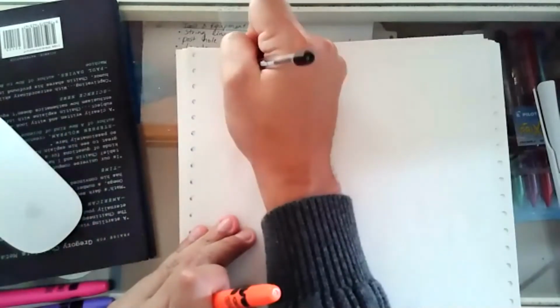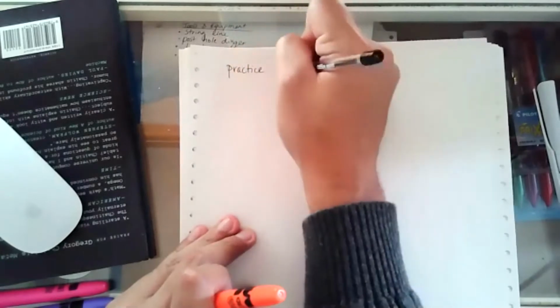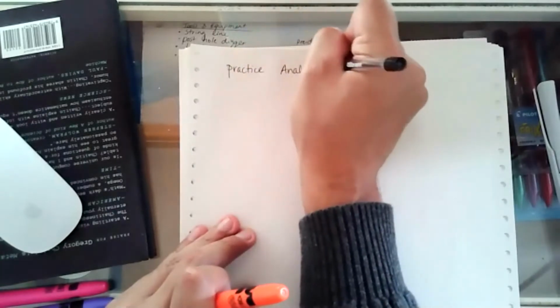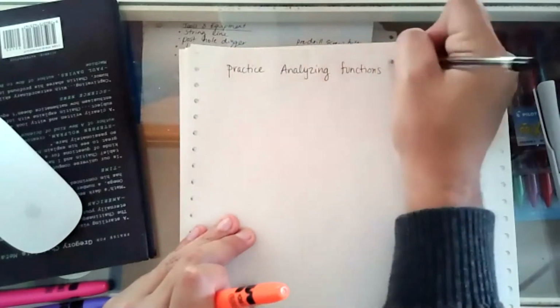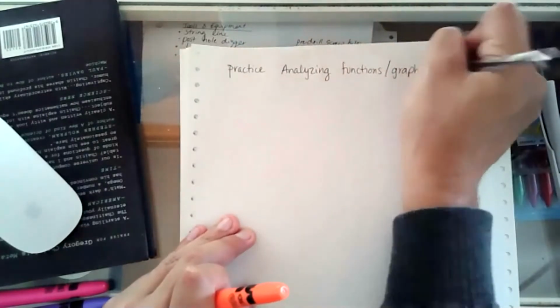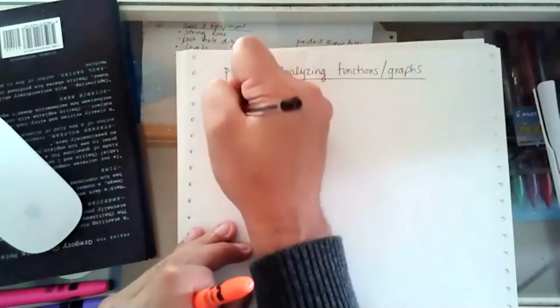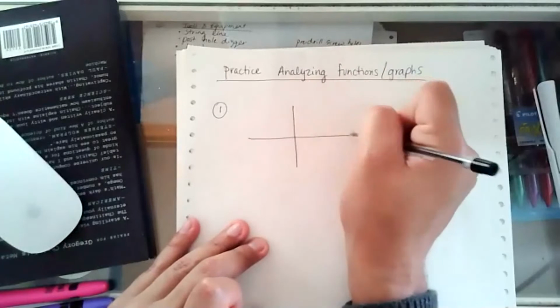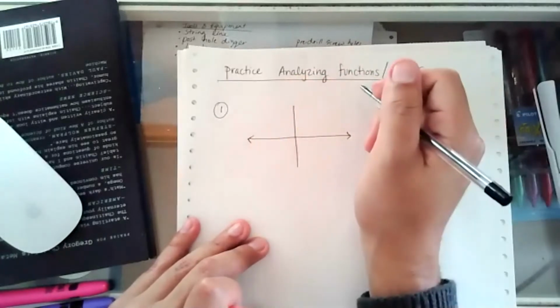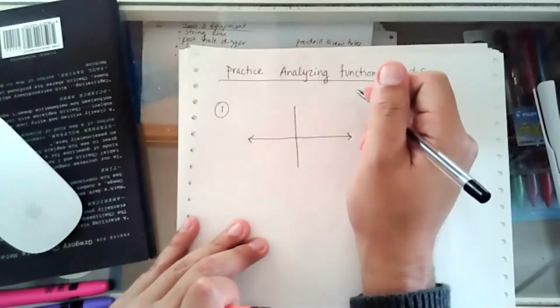Okay, so let me draw this graph. And this is practice analyzing functions and graphs. So say that we're given a graph that looks like this. I'm going to try to do my best to write this in a way that makes sense.